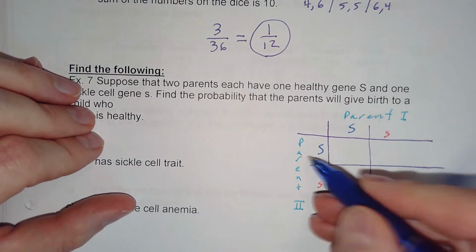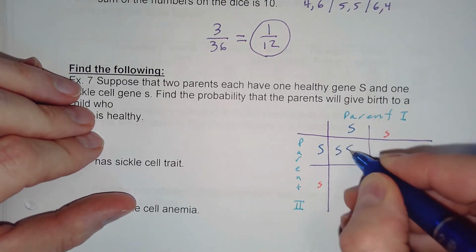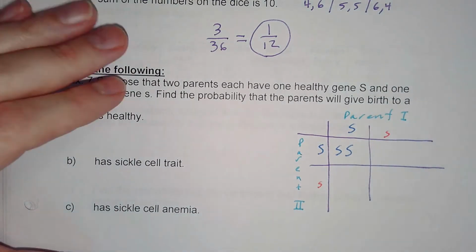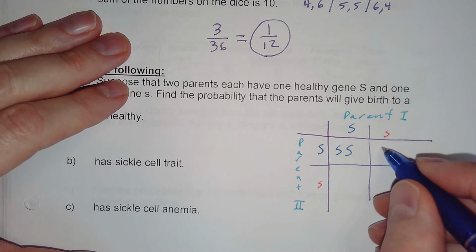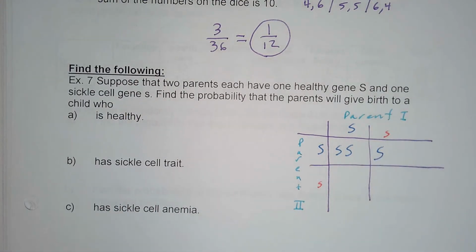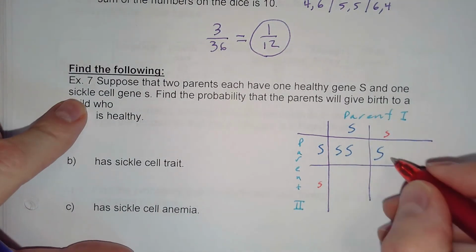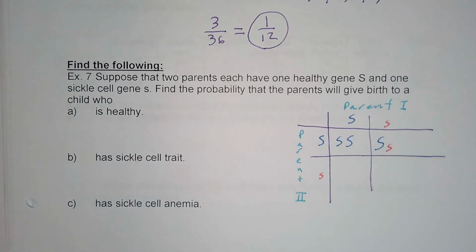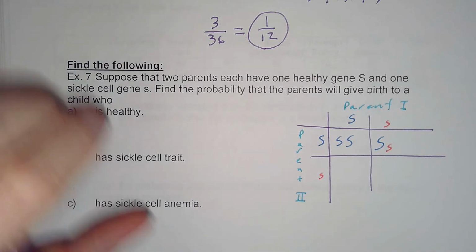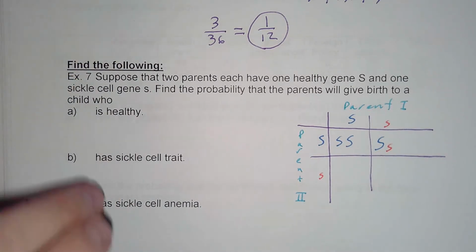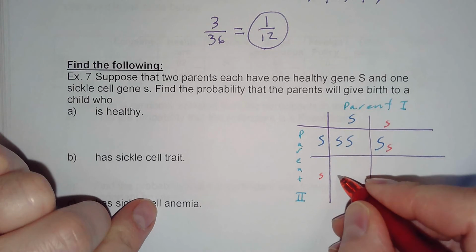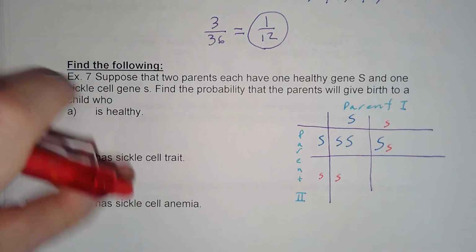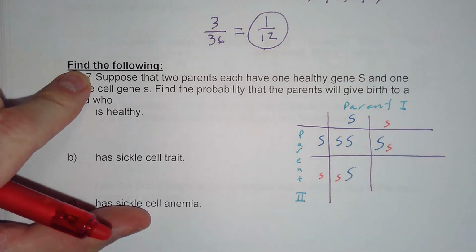So one possibility is that the child could get both healthy genes. Another possibility is that from the second parent the gene is healthy, but they get the sickle cell gene from the first parent. Or the opposite could happen, that they get the sickle cell gene from the second parent and the healthy gene from the first parent.